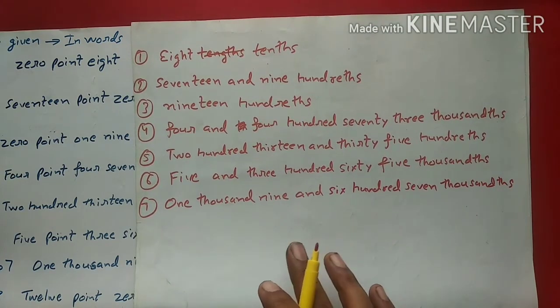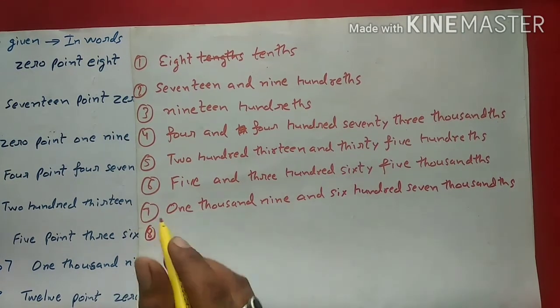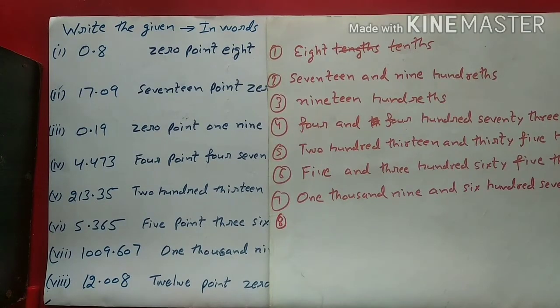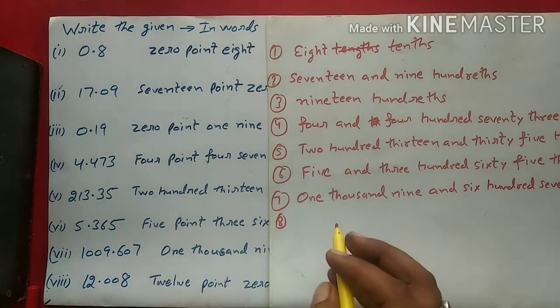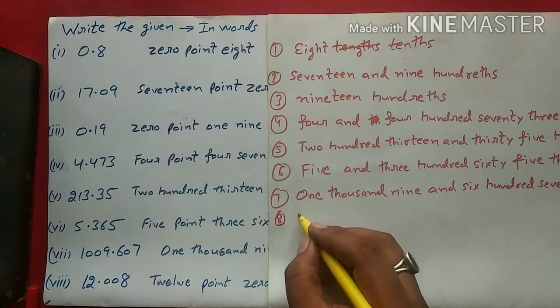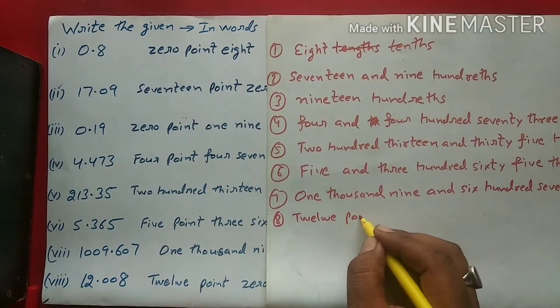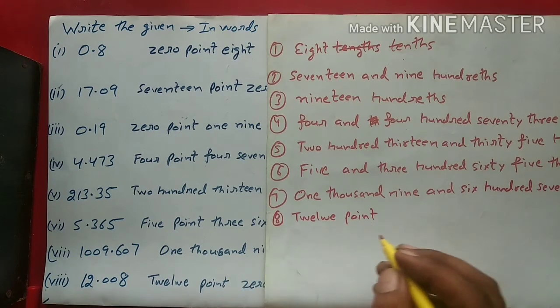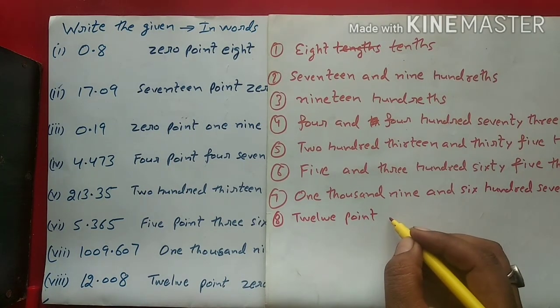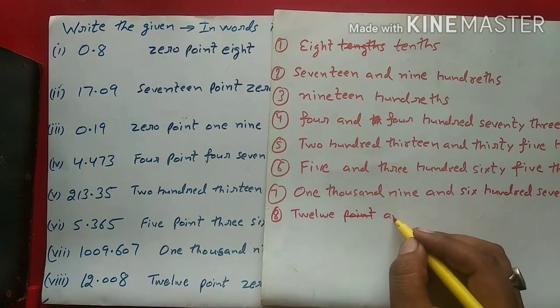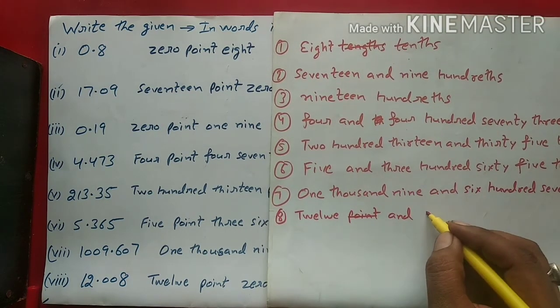Okay, now question number 8. The question number 8 is 12.008. So after the decimal how many digits are there? 3 digits are there. So you will write 12 point, sorry, I will not write this form. 12 and 8.